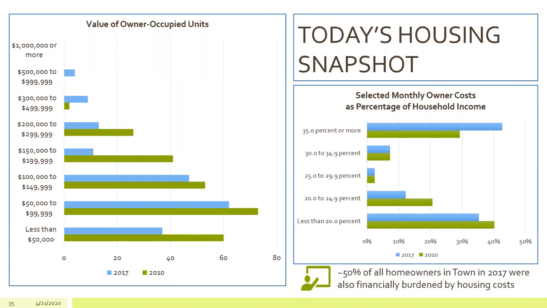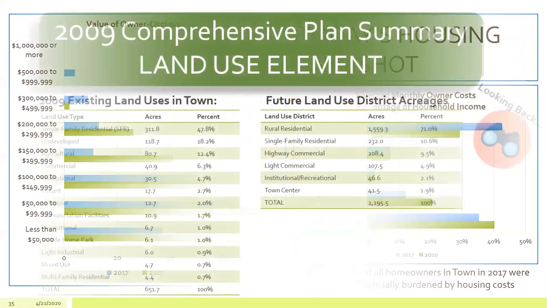About 50% of all homeowners in town in 2017 are financially burdened by housing costs. So that's, again, a pretty significant number. And a few more takeaways, which I don't have shown in these charts: the number of homes with a mortgage was cut in half by 2017, and about 50% of all homeowners in 2017 are paying greater than 30% of their income on housing costs.